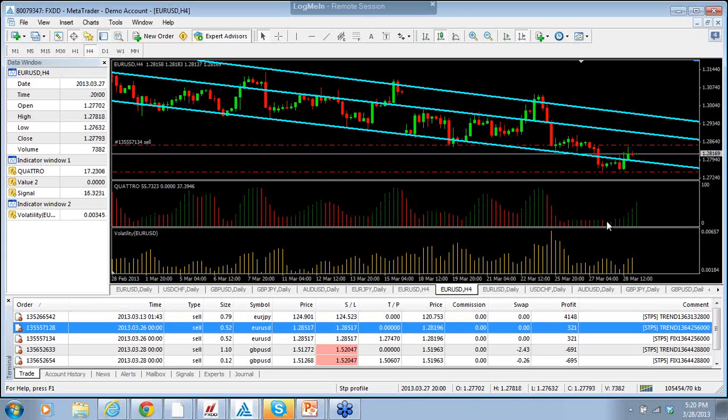As far as the FxEdge Quattro is concerned, basically we had a sell here. Then we had a buy, and the buy was valid.